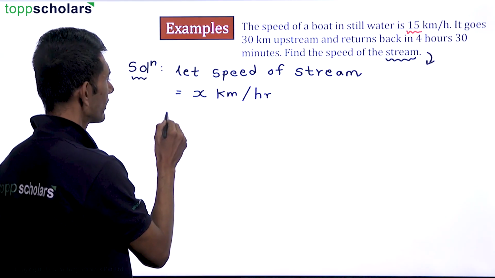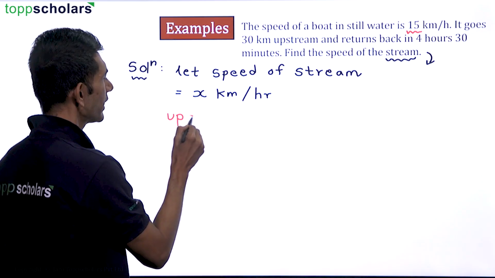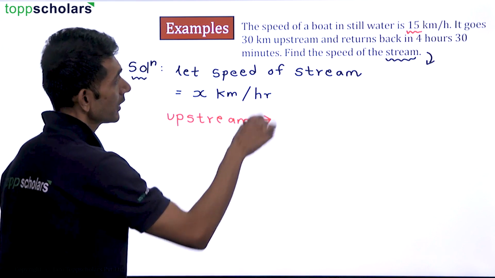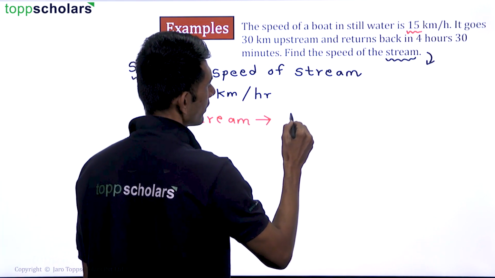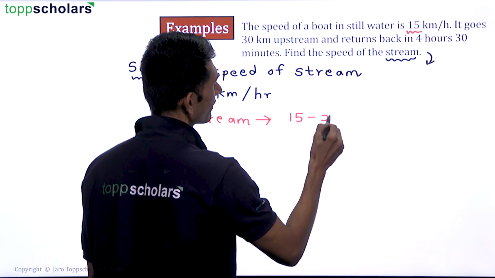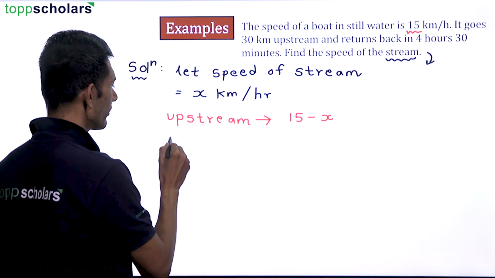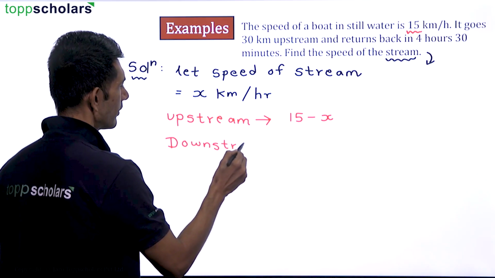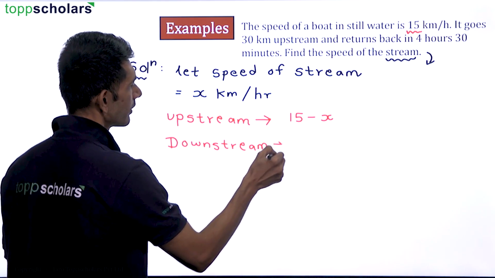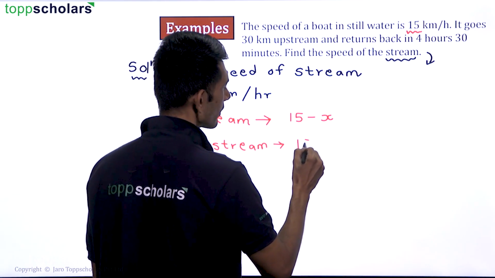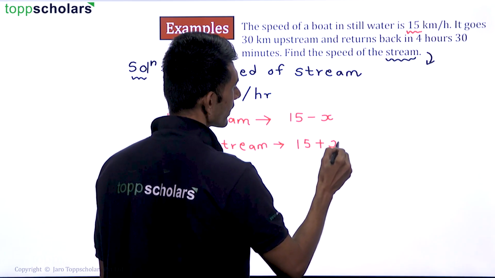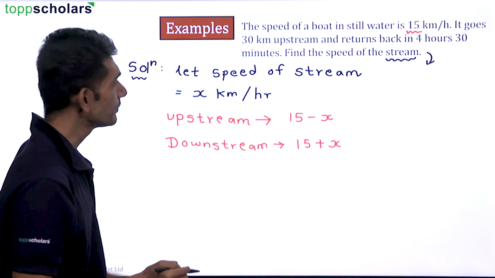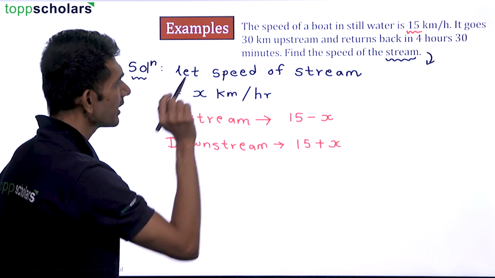So the speed in upstream is going to be 15 minus x, and the speed in downstream, because the speed will increase, is going to be 15 plus x, right?